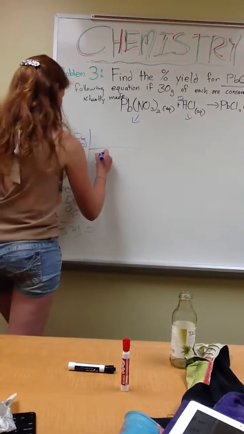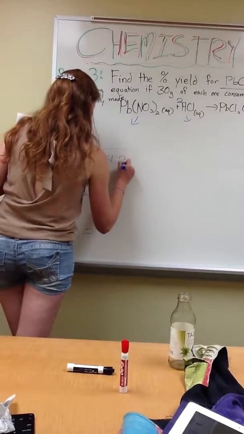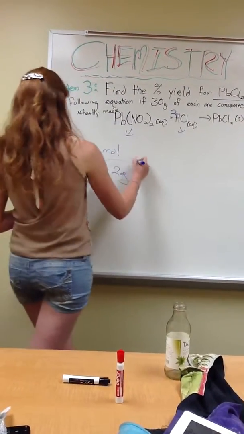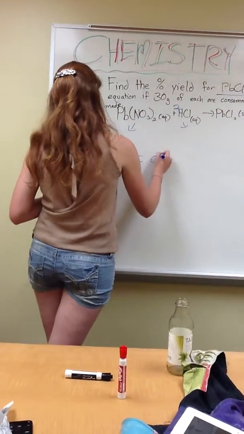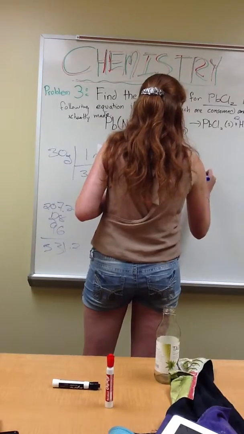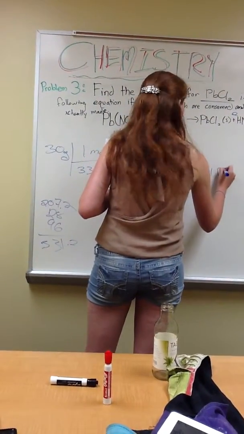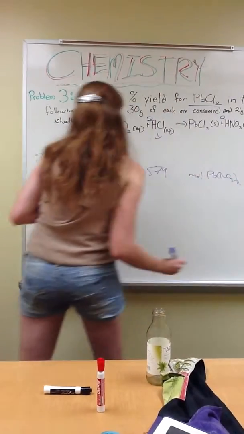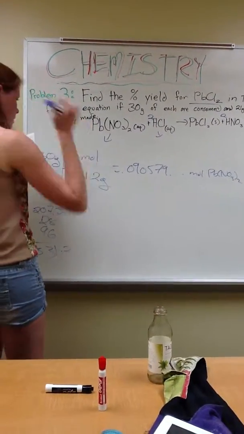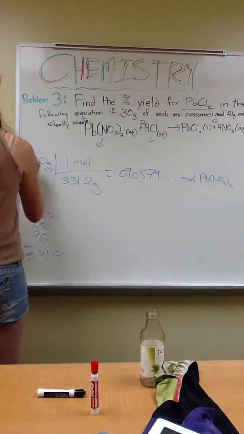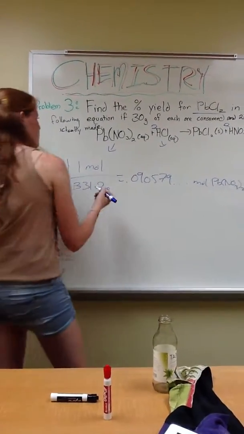Alright, so you have 331.2 grams per mole, and that comes out to be about 0.09057 moles of our first one here. So this is how many moles can be produced from 30 grams of this substance.